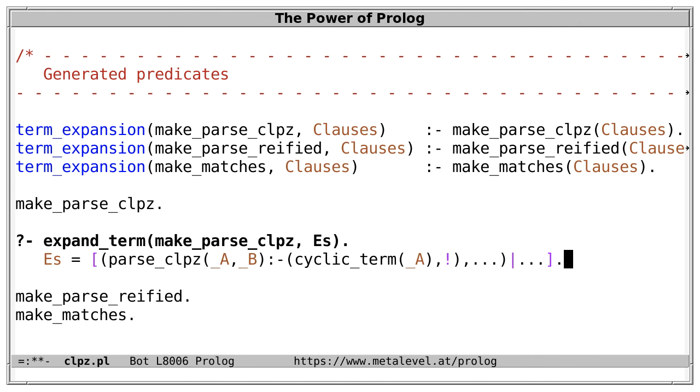It's this, a list of clauses. So it's as if, instead of the fact, these clauses appeared here in the file. And in the case of CLBZ, these clauses are generated from more declarative descriptions. So this is an example of using term expansion to generate new code. One could say a really extensive rewriting of a single fact.